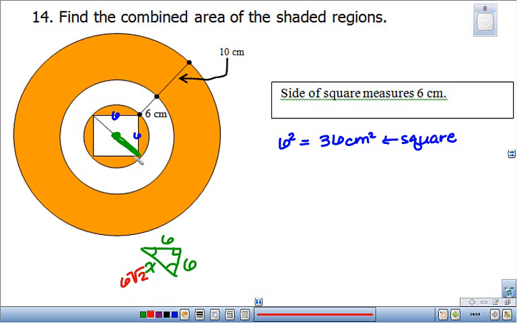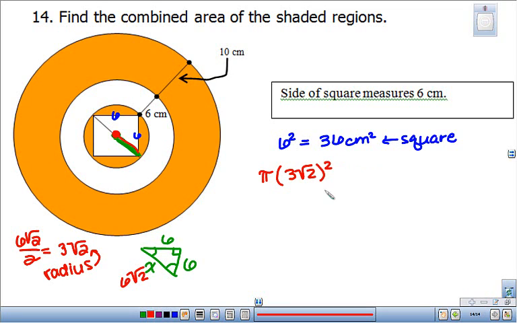Now we only want half of that for our radius. So we would take 6 square root of 2 over 2. 6 over 2 is 3. So we'd have 3 square root of 2 as the radius of that inner circle. So to get the area of this inner circle, pi radius squared.